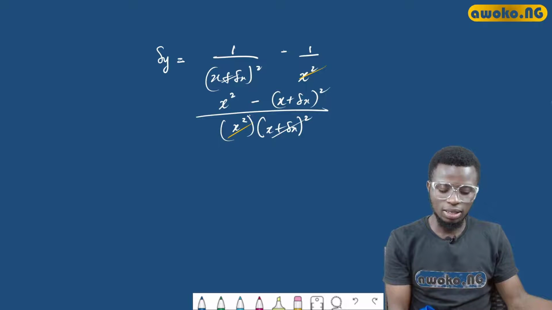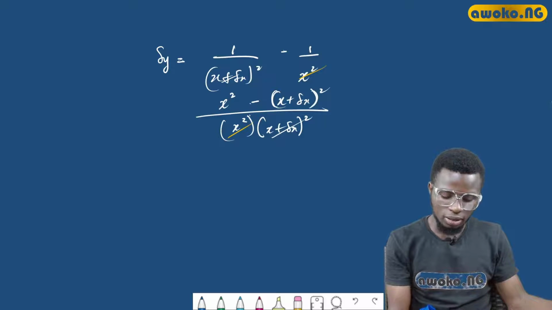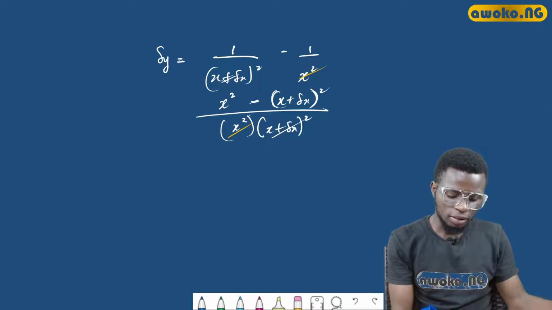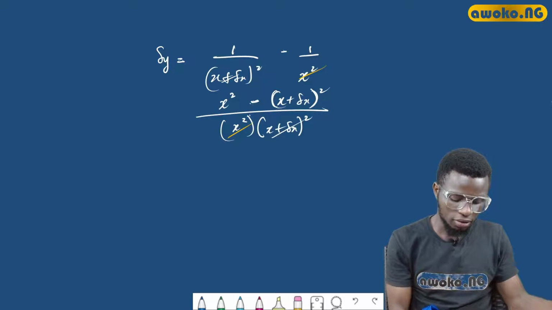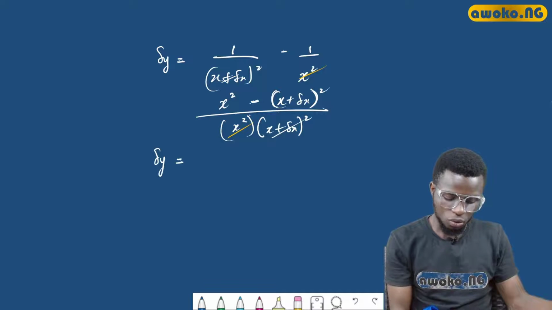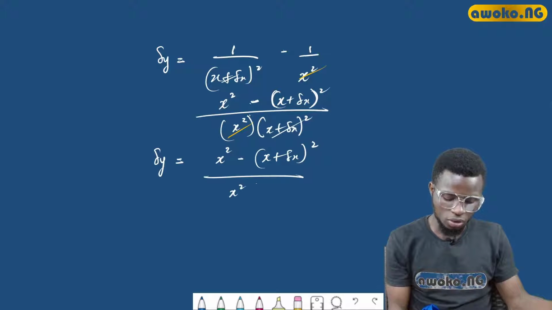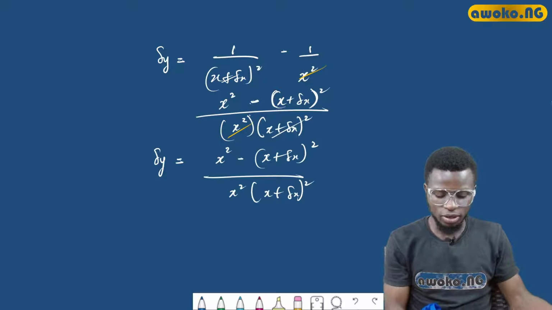But remember, this is in the bracket so as to differentiate it from this sign over here. And if I do the computation, I would have that dy will be equal to x squared minus (x plus dx) all squared, all over x squared into (x plus dx) all squared.